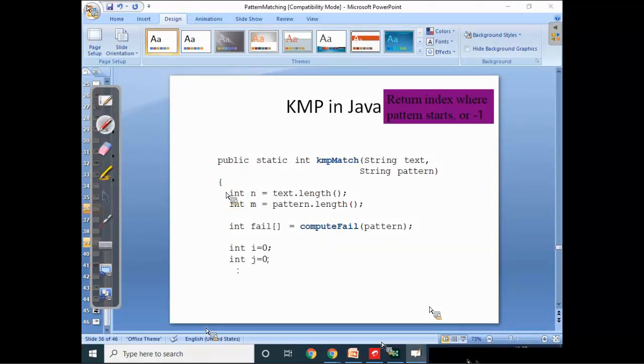It can be in C++ or Java. So string is there, pattern is there. So text.length, pattern.length. Initially you have to compute the fail function. The fail array will be there. So the failure function has to be computed. You start with i equal to 0, j equal to 0. And then let's see how it goes, to the next slide.